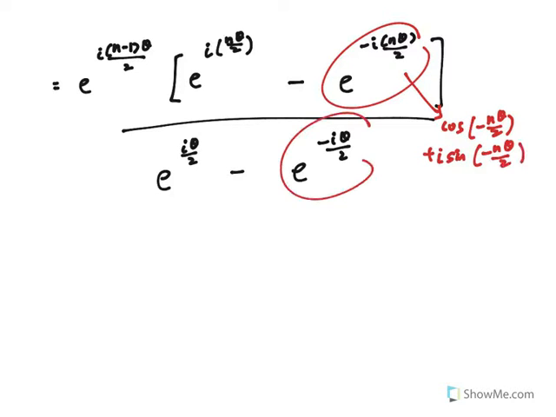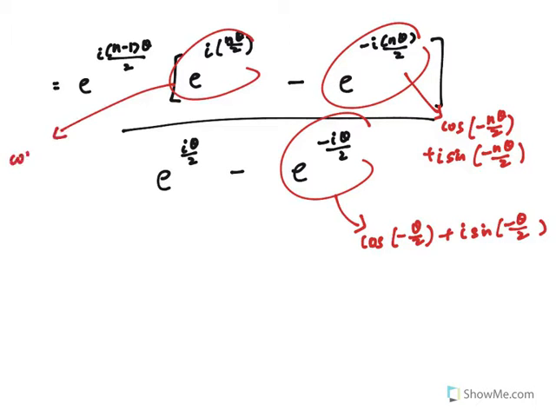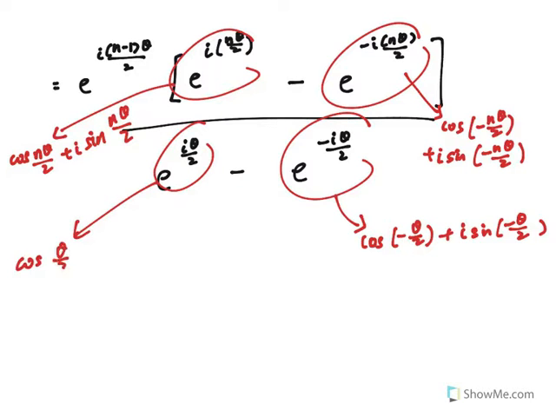And this portion here will be cosine of negative theta over 2 plus i sine negative theta over 2. And this portion here, we're going to get cosine n theta over 2 plus i sine n theta over 2. And this portion here, you're going to get cosine theta over 2 plus i sine theta over 2.